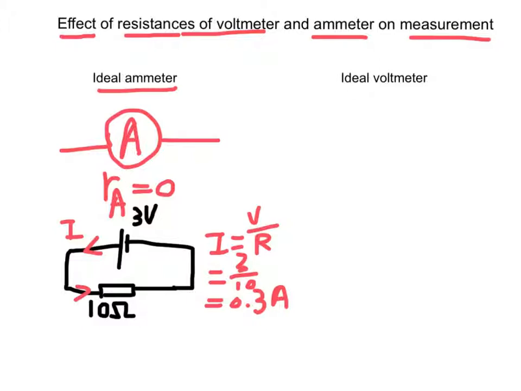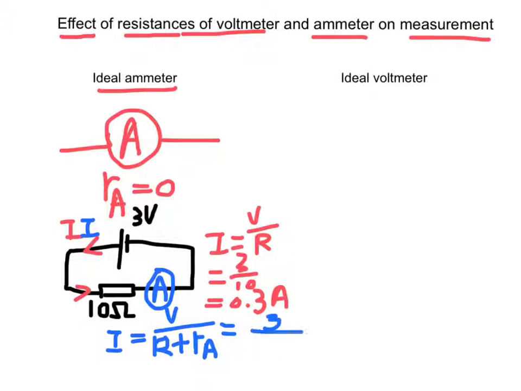If we put an ideal ammeter in series with the resistor to measure the current passing through the resistor, the current I will become V over R plus the resistance of the ammeter, which is equal to 3 over 10 plus 0.